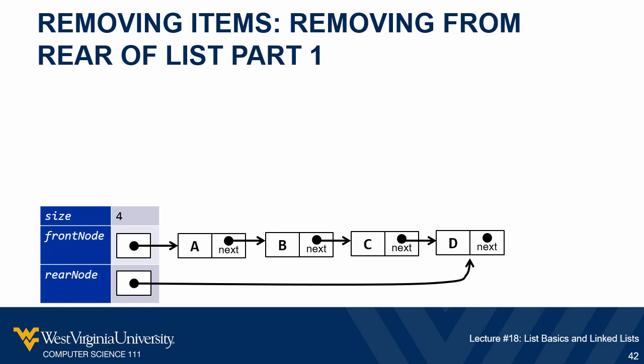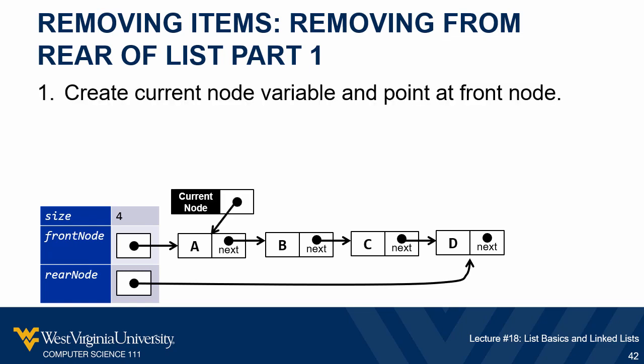Our final scenario will be where we're trying to remove the node that is at the rear of our list. Unfortunately, we're not able to take advantage of the rear node pointer when we're trying to remove that node. So we're still going to have to start off by creating a current node variable and pointing it at the front node, and then we're going to have to advance it.